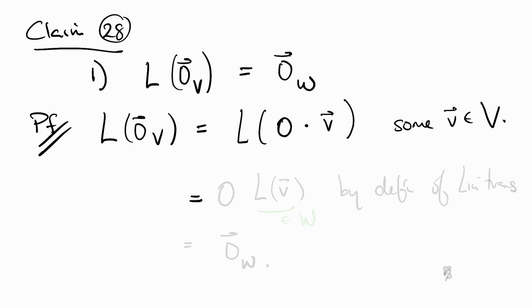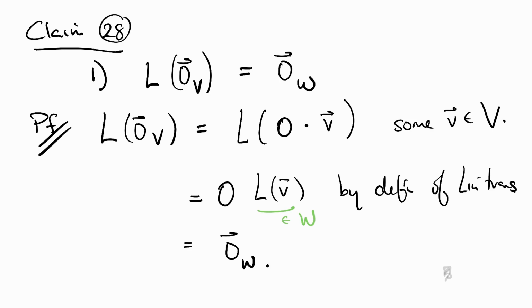Linear transformations are linear, as in you can take out a scalar. This is by the definition of linear transformations. And again, since here we have an element of the vector space W, 0 times that element is going to be the zero vector in W. QED, end of proof.